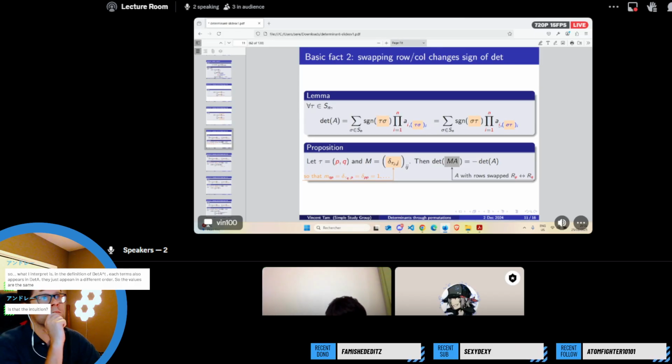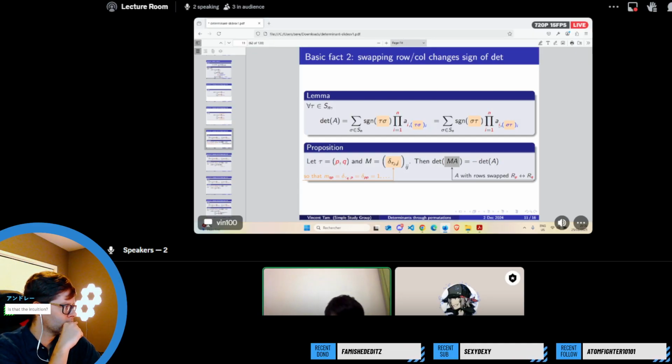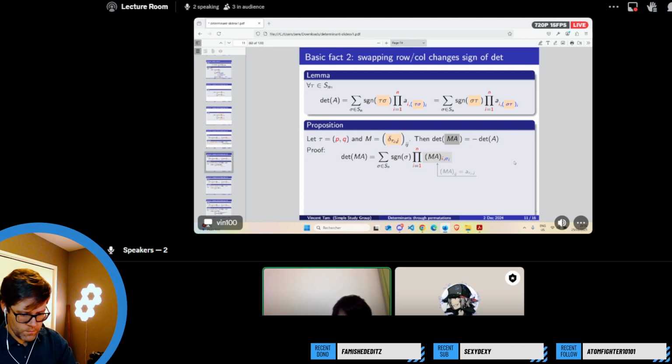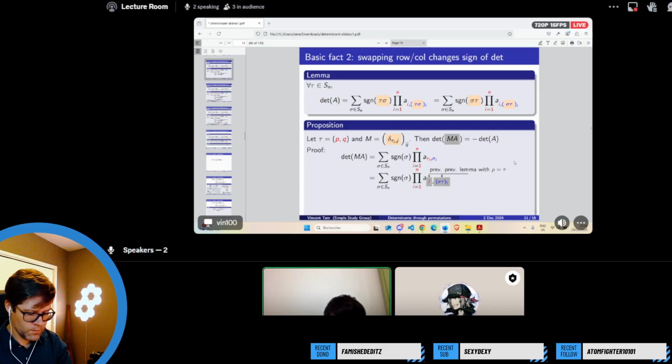To represent swapping rows, I use an elementary matrix M with two rows swapped, and I argue that the determinant of MA is equal to negative determinant A. The skill is again classic: directly apply the definition, do some IJ calculations, and again this is the skill applied.